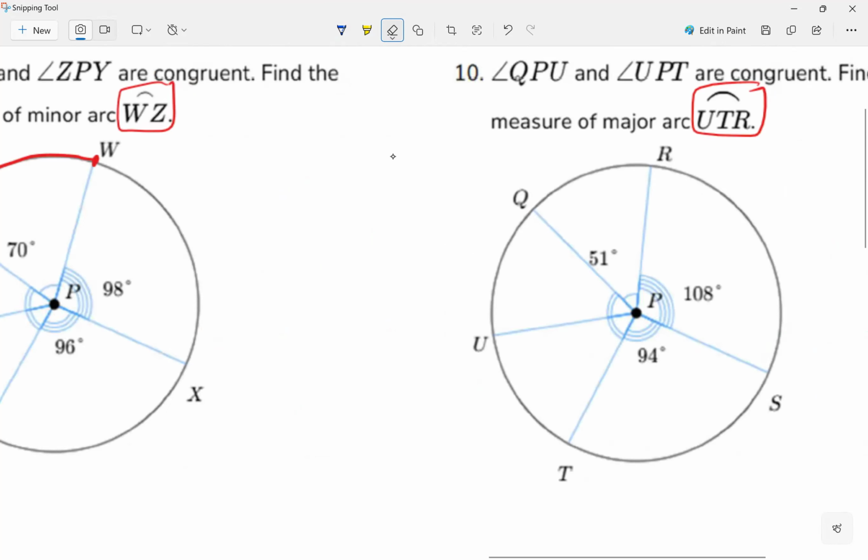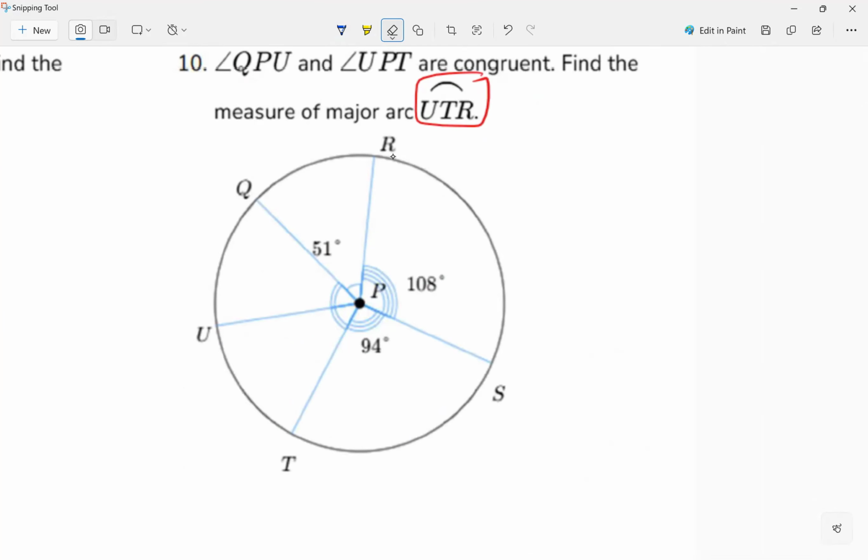Now, when I use three letters, that tends to be a major arc, so more than half of the circle. The way you're going to read this, you're going to start at the point U, you're going to pass the point T, and you're going to continue all the way till you get to point R. So like I said, when we use three letters, more likely it's going to be more than half of the circle.